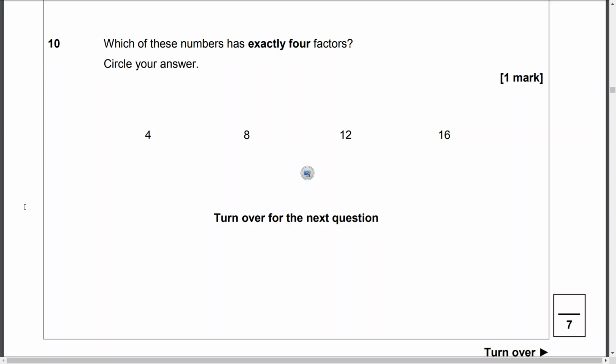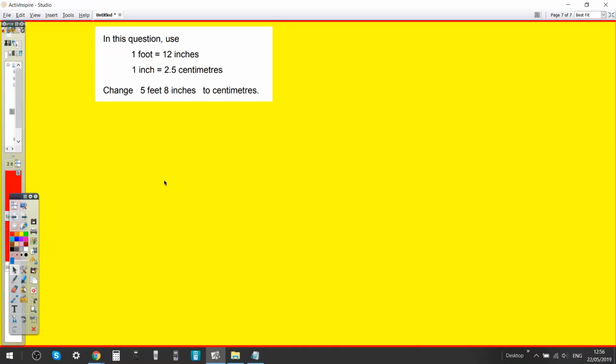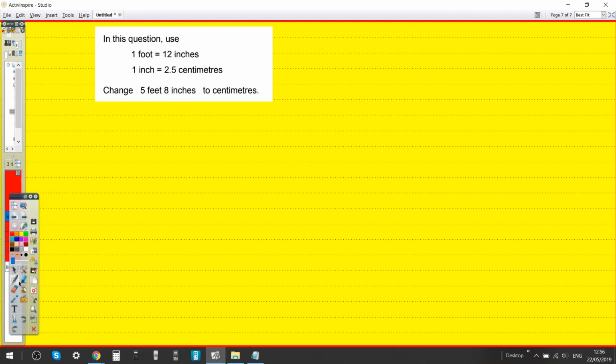If we work out the feet first, so we know that 1 foot is 12 inches, so 12 times 5 is 60, so that's 60 inches.